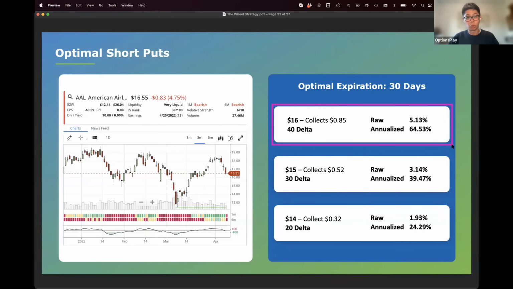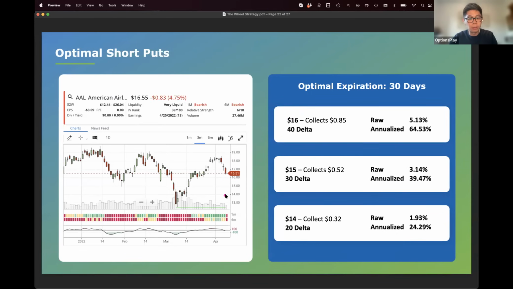When you're selling a short put, you remember that the goal is to own the stock, right? You're selling a put because you want to own the stock. You want to participate in future capital appreciation. But you're only going to capture future capital appreciation if you end up owning the stock.